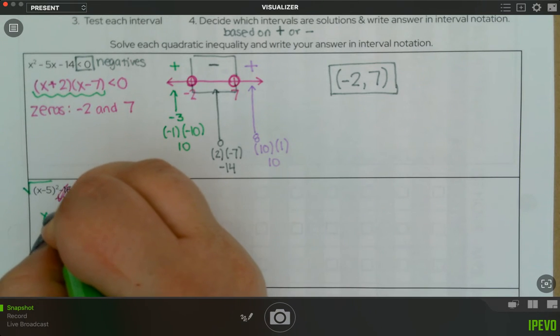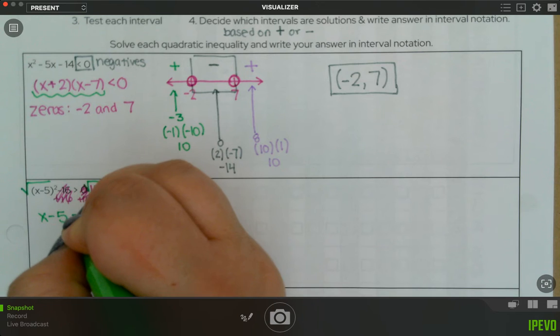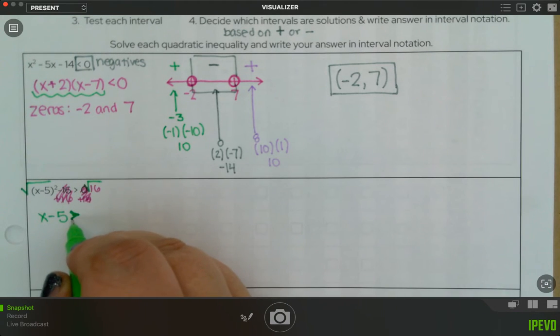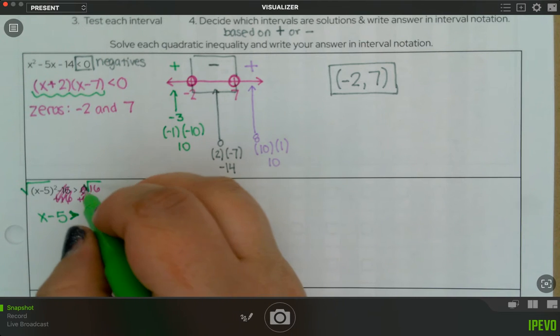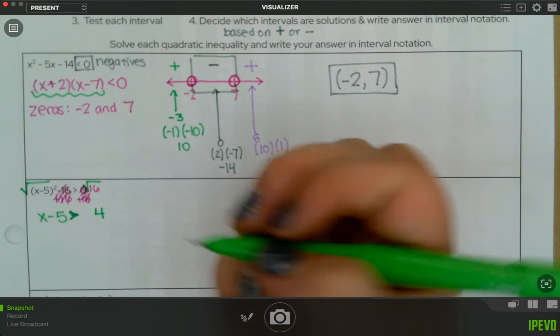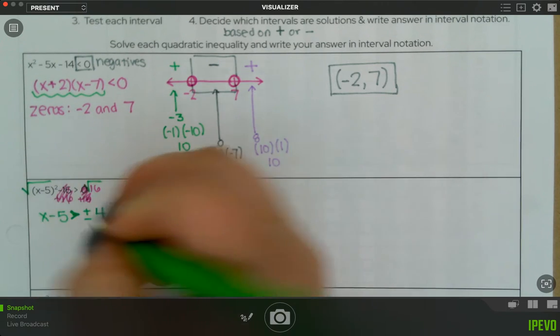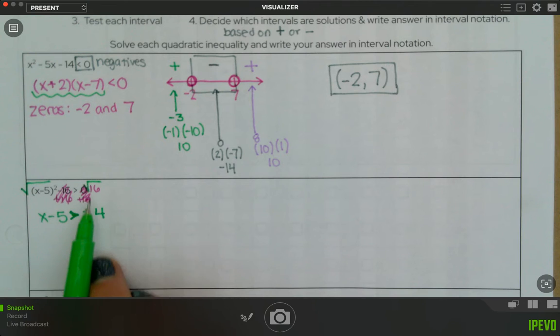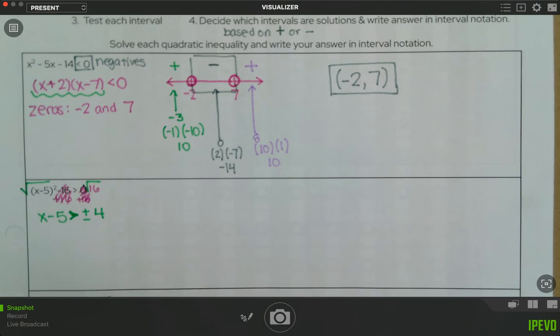But when I do that, I have to write my answer. And I guess I'll keep that sign. It doesn't matter if you write an equal sign or if you keep this one. When I do that square root of 16, it's going to be 4, but not just 4, plus or minus 4. Because whenever you do the square root of both sides, you have to add the plus minus.